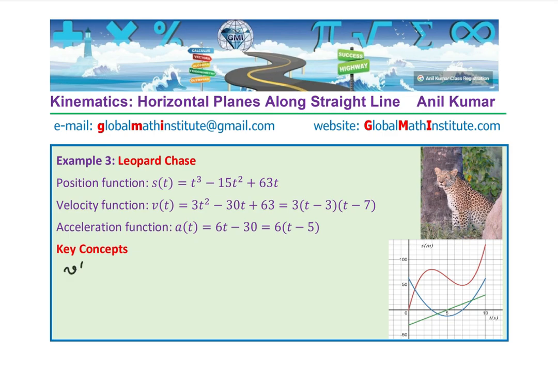One, if velocity is equal to 0, then it implies that there could be a turning point. Sometimes it is not, we could have an x cube type of function. Now, second thing, that turning point gives you whether it turns or goes in which direction, right?